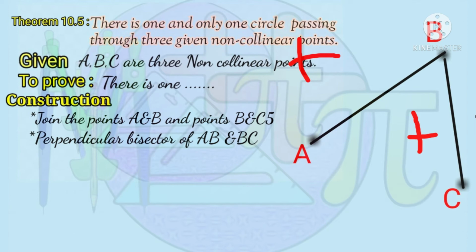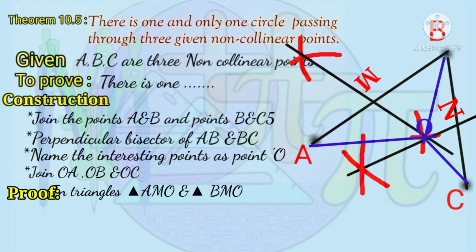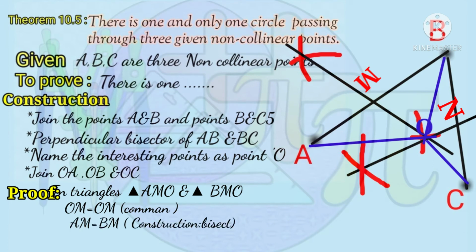In the diagram, you can see that lines OM and ON intersect the lines AB and BC respectively. Now see triangles AMO and BMO. OM is the common side, and AM equals BM because of the bisector.